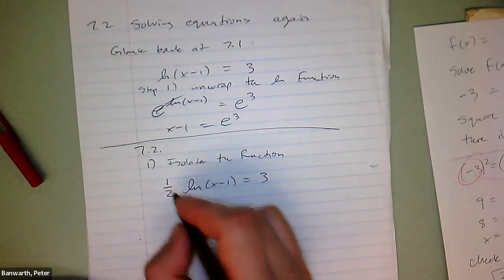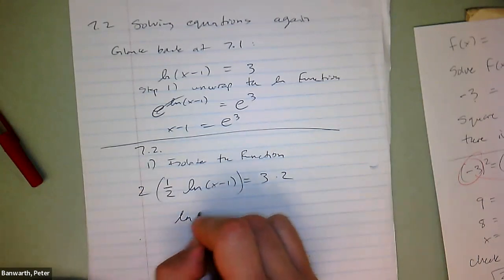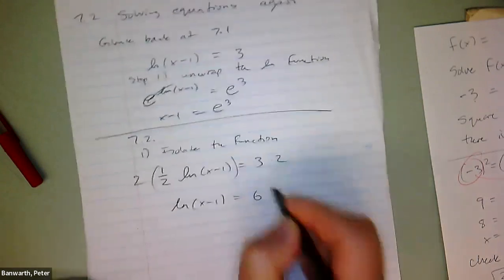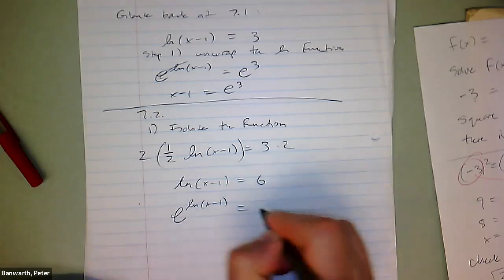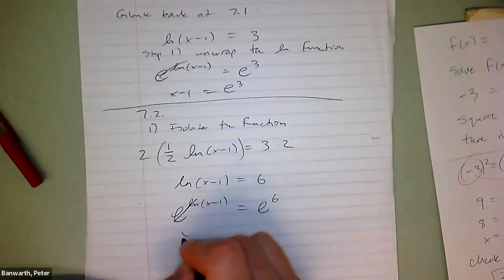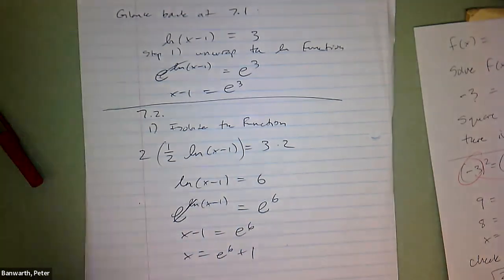First, I have to isolate the function. So I'll multiply both sides by 2. And I get natural log of x minus 1 equals 6. And then I just keep going forward after that. So it's one more piece of things that you have to do.